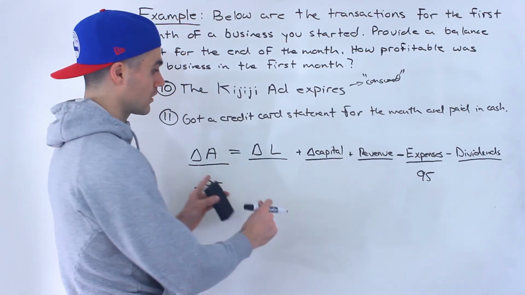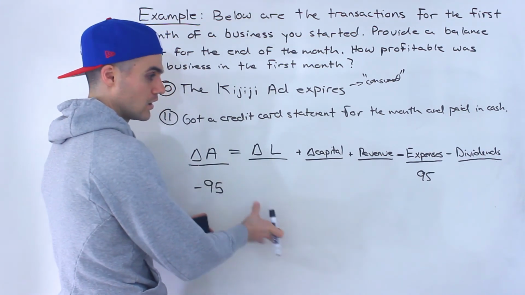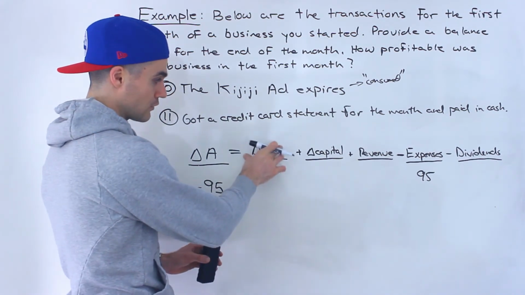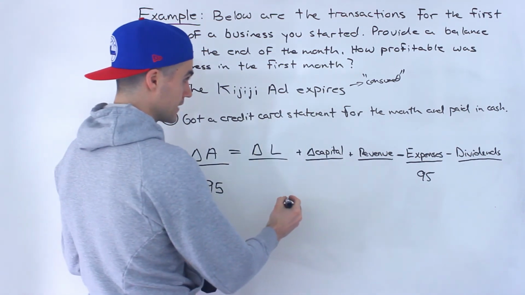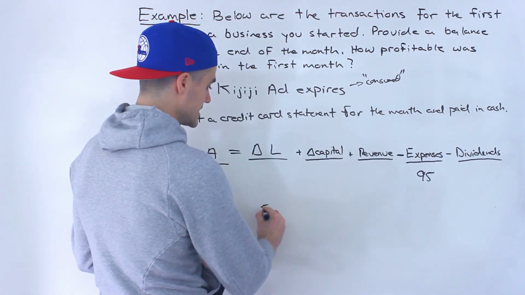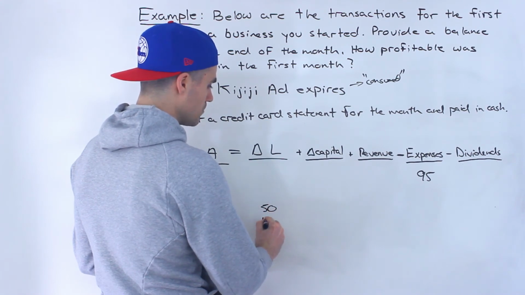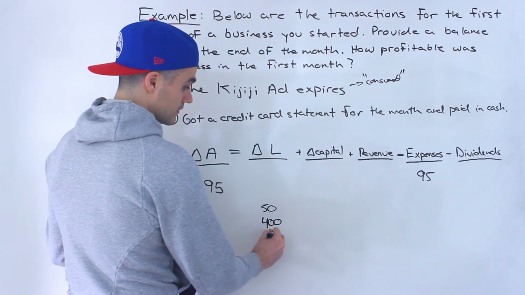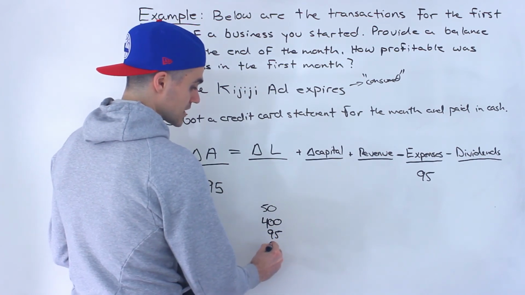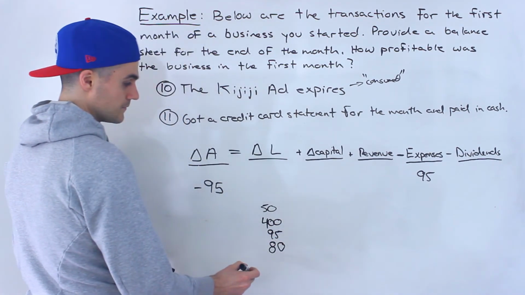That wasn't part of the credit card, but any other liability that came about was from the credit card. So we had the business name, we bought the lawnmower, we bought the Kijiji ad, and then we also purchased the gas for the lawnmower for $80.